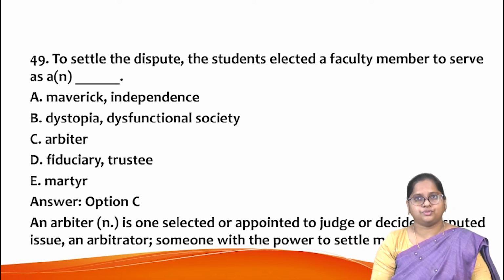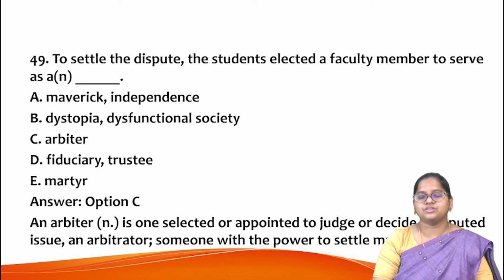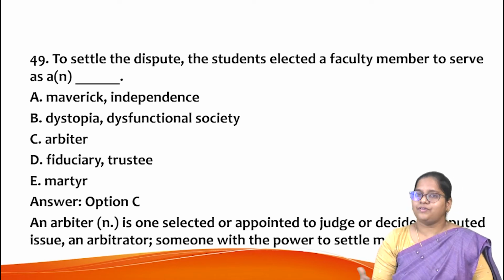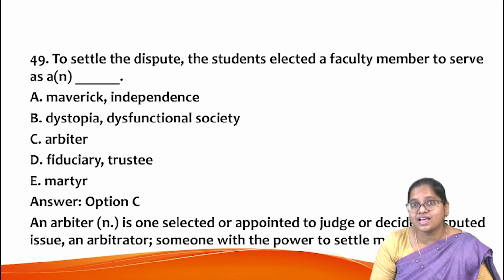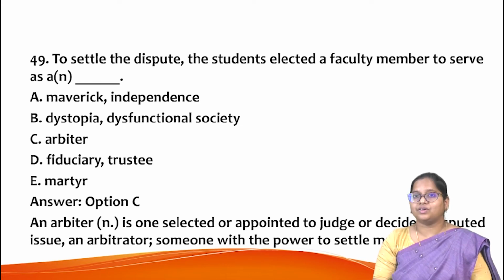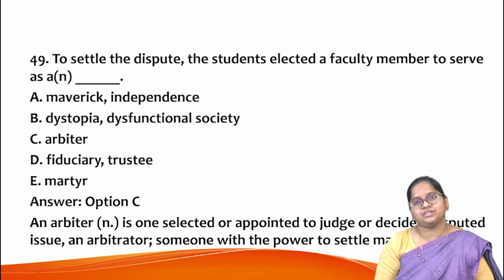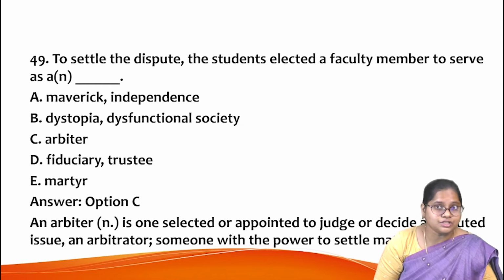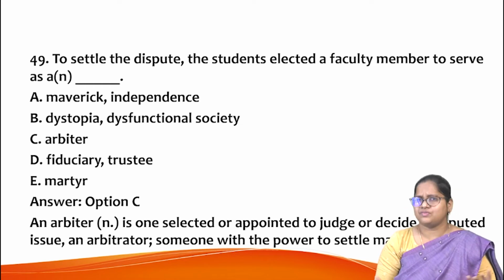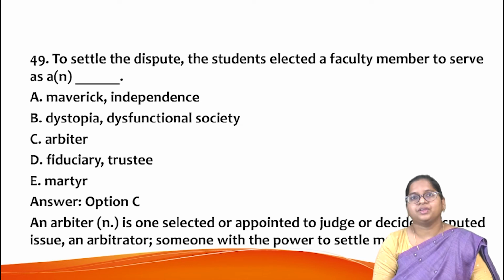Now, to settle the dispute, someone has to do something. The students elected a faculty member. That's fine. To serve as a what? Maverick means where you find that kind of freedom, independent privilege to enjoy it. So it's not maverick. No, it is nothing related to it.